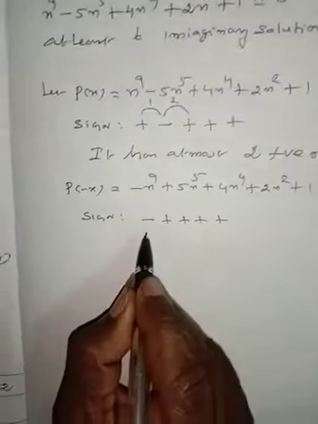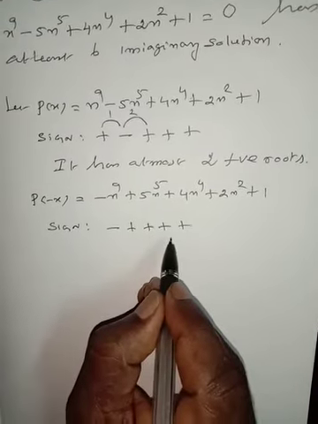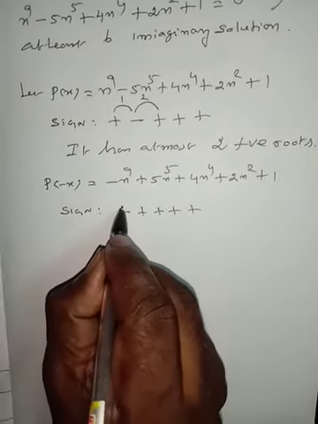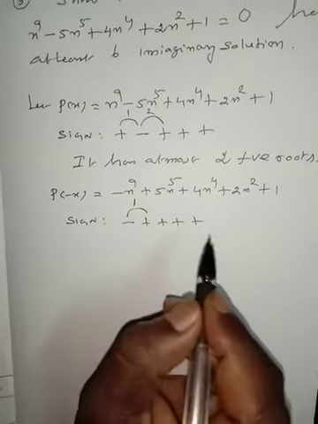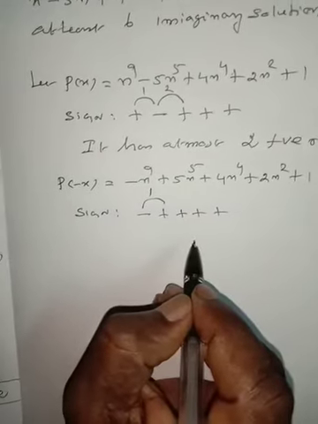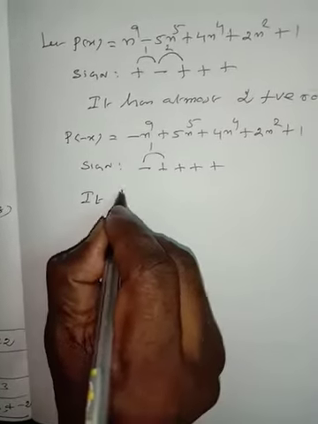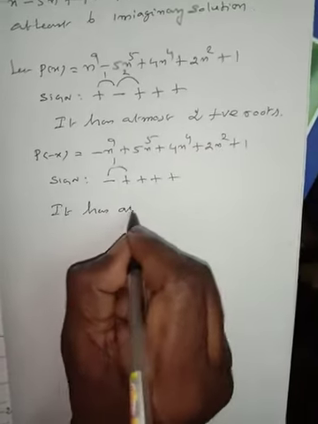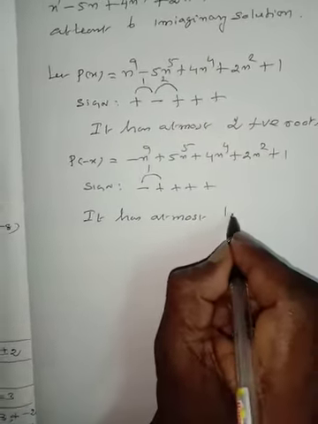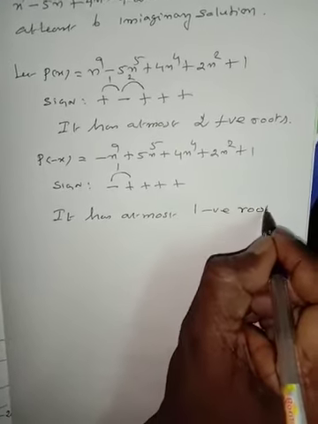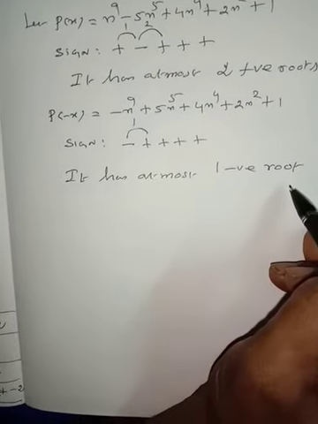Negative into positive, only 1. Therefore p of x has at most 1 negative root, and at most 2 positive roots.